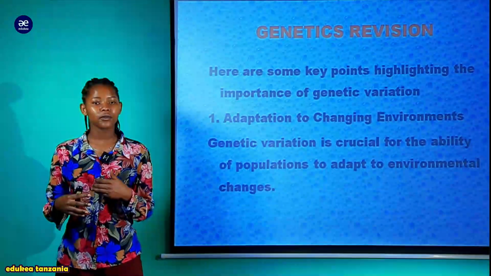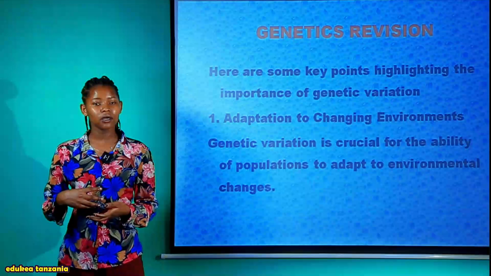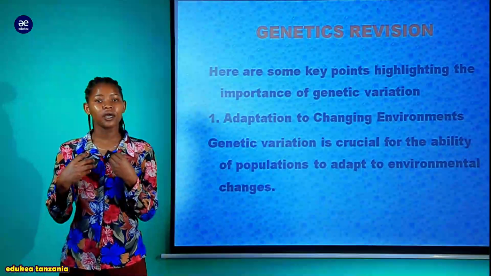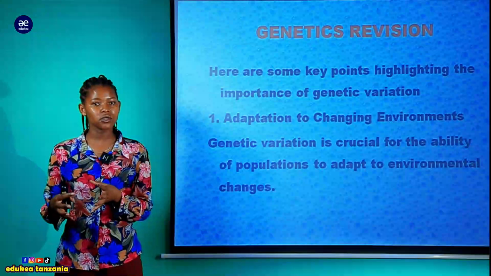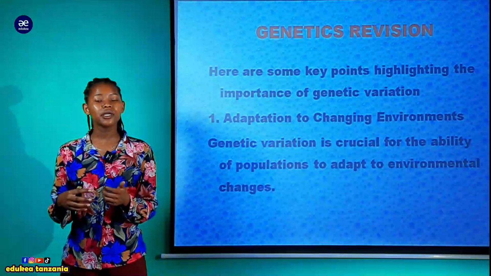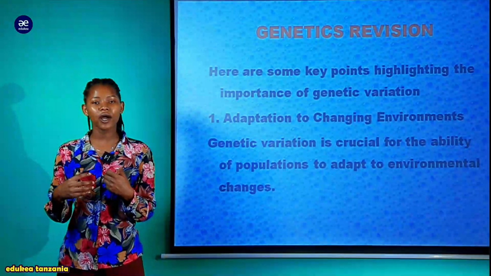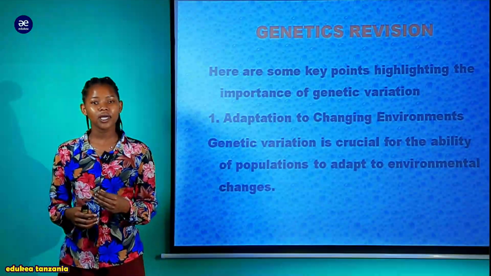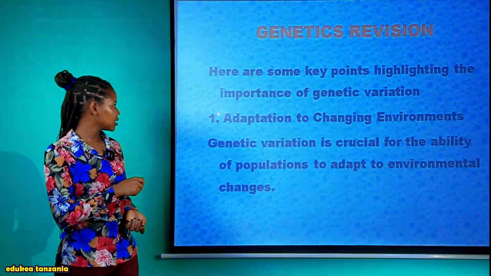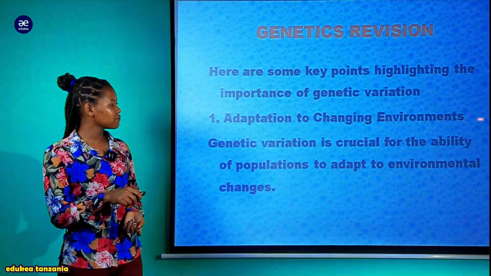Here the group of the sheep which will survive is those with long furs, because they will be capable of adapting to that change in environmental condition. That's why here we consider the adaptation to changing environments.